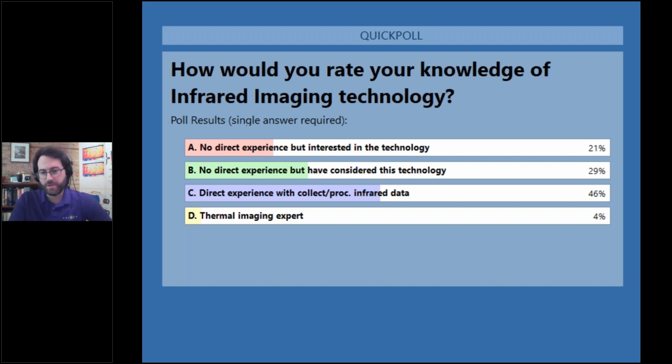Short, mid, long wave, how should we choose? I'll give a very brief introduction to Telops, but I did go over that quite well in the first part, so I invite you to take a look at the first webinar in this series that talks about speed measurements, so high speed measurements. After that, I'll go over some radiometry background to understand how to do that selection for your spectral band.